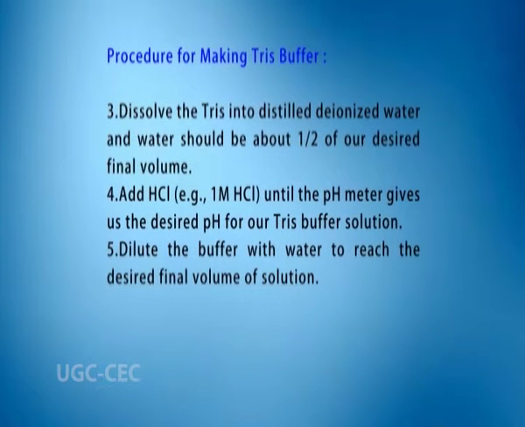Dissolve the tris into distilled deionized water, and the water should be about half of our desired final volume. Add HCl, for example 1 molar HCl, until the pH meter gives us the desired pH for our tris buffer solution. Dilute the buffer with water to reach the desired final volume of solution.